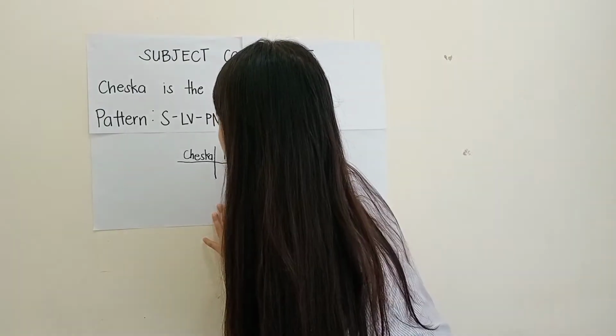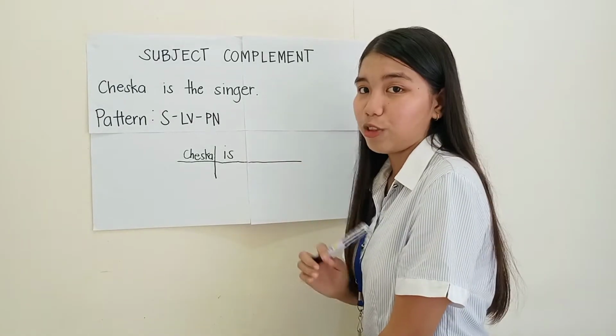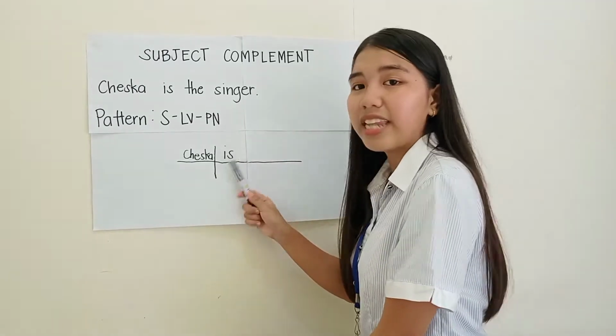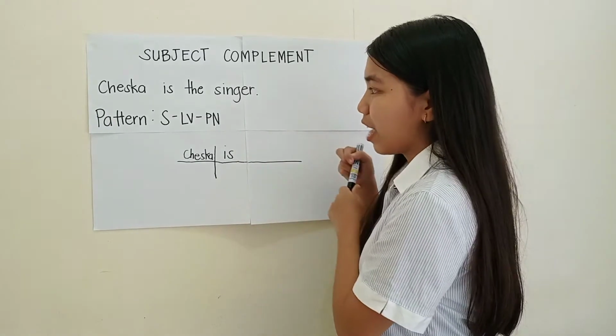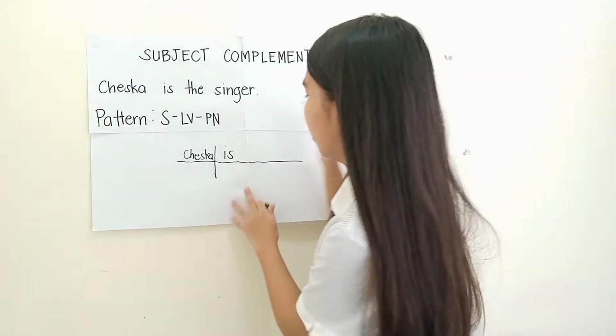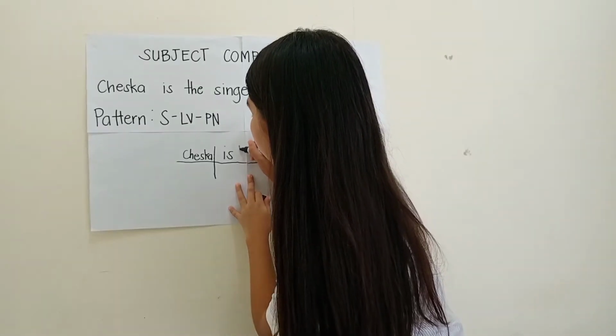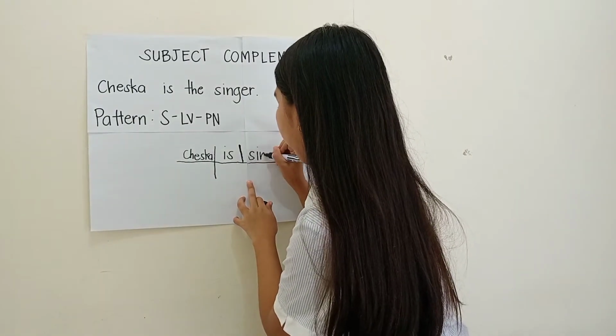That's right. The reason we know that it is a predicate nominative is because it follows a linking verb and not an action verb. And then, what is the predicate nominative? The word singer. So we should draw a slanted line here and write the word singer.